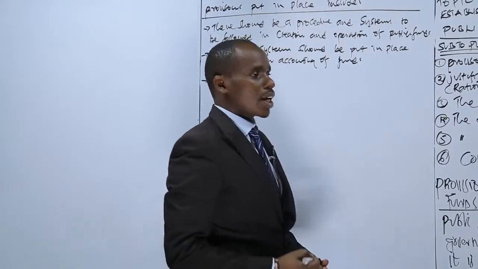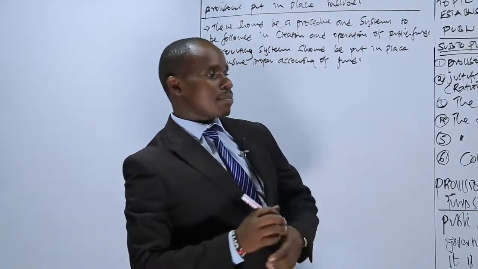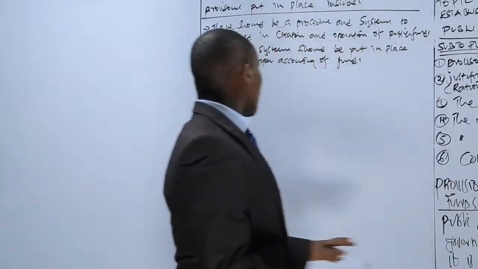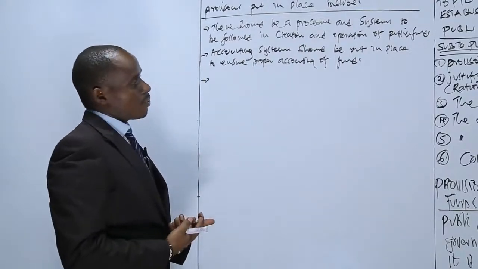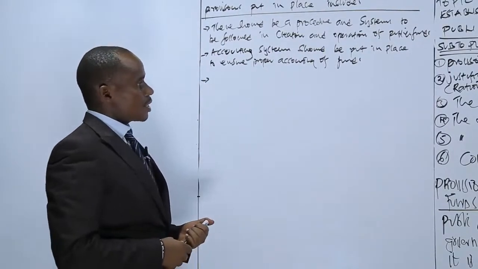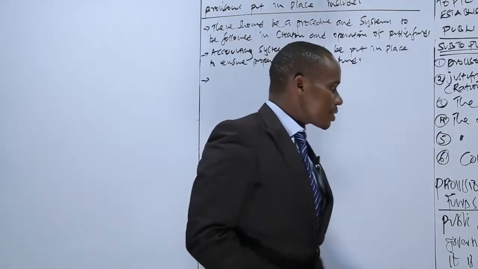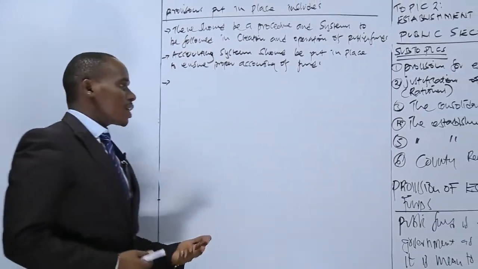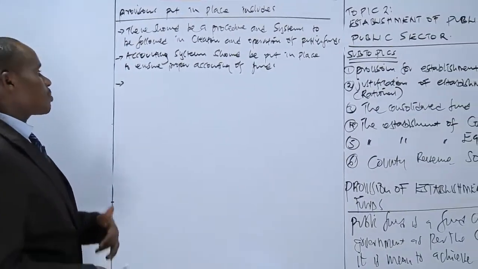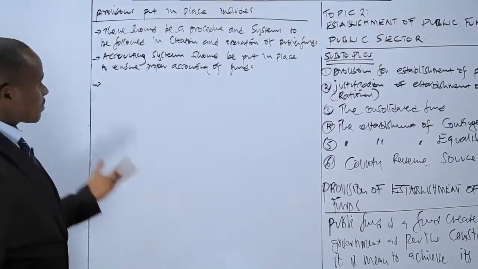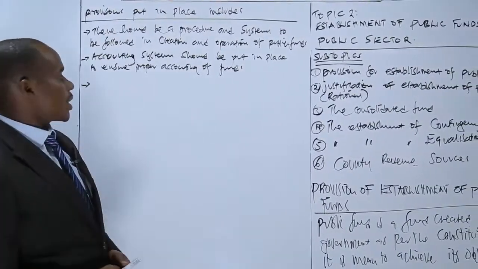So we need to have an accounting system that is supposed to be followed in the process of accounting for this particular money. Otherwise, without an accounting system and we are dealing with the funds, obviously you find that there will be some challenges, there will be complaints, there will be dissatisfaction and such things.